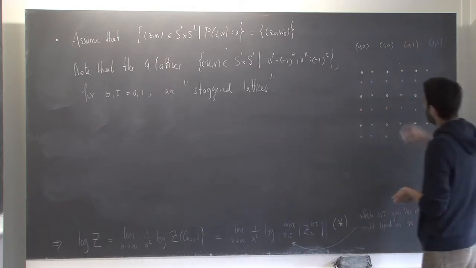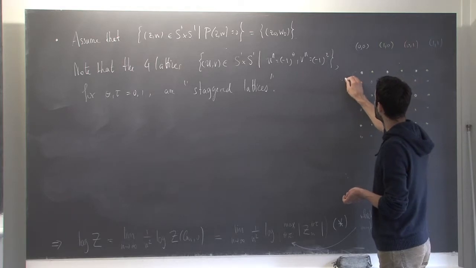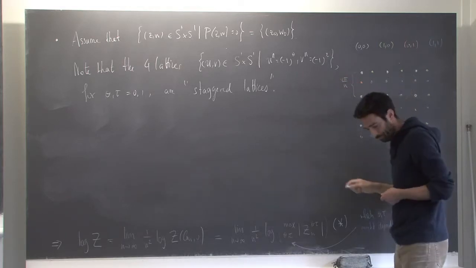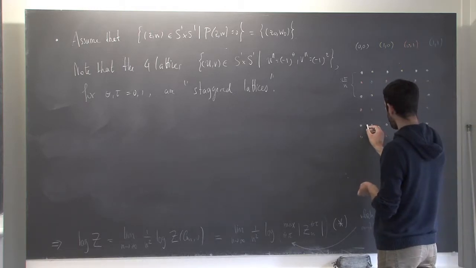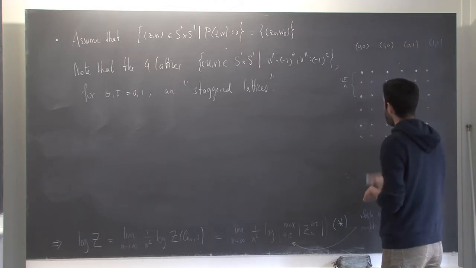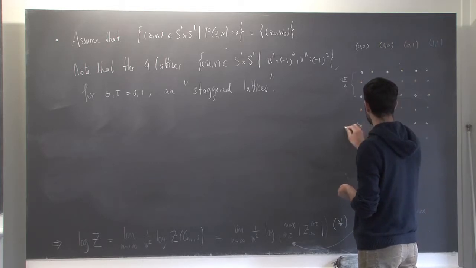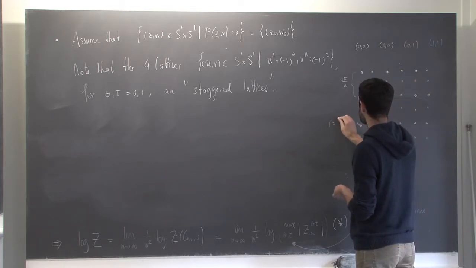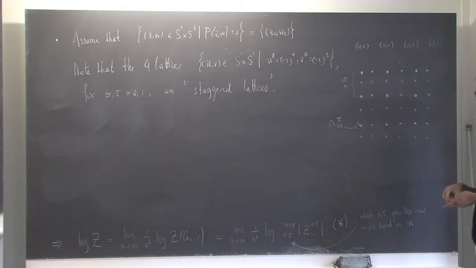So this spacing here is 2 pi over n. If you take little balls of radius pi over 2n, they will never intersect.